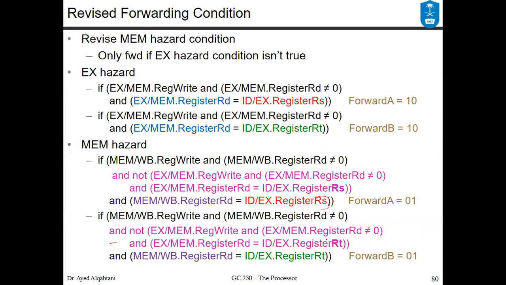This is the first operand RS, and this is for the RT. So you need to make sure that you get the most recent update by making sure that if you are trying to forward from the memory to the ALU, you are not already having that from ALU to ALU.